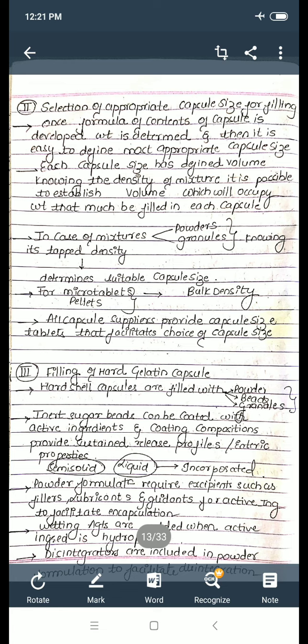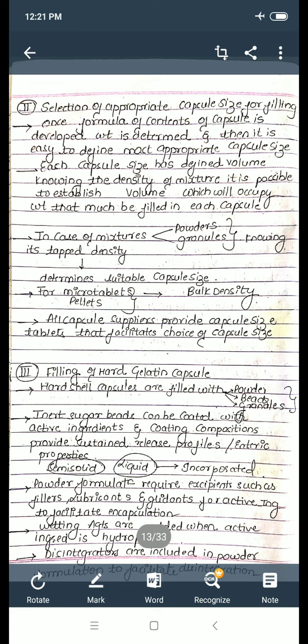In case of powders or granules, knowing the tap density, you can determine a suitable capsule size. In case of micro tablets or pellets, the bulk density is used, which determines the capsule size. All capsule suppliers provide a capsule size table that facilitates the choice of a capsule size.